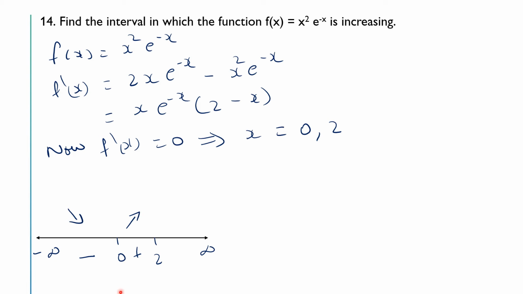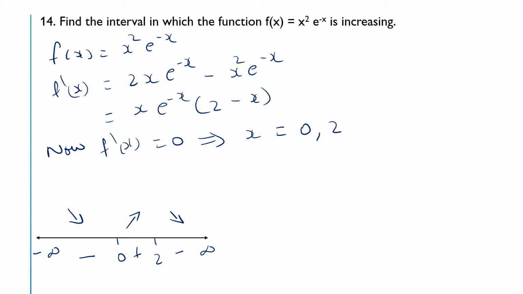Now in the interval 2 to infinity, if we substitute a point say 3 and check, we get positive here and negative here. So positive into negative will be negative. So the sign of f dash of x is negative here, which means the nature of function f is strictly decreasing.